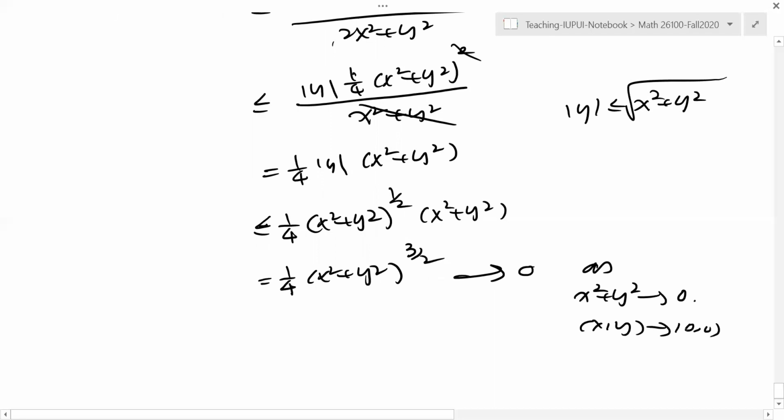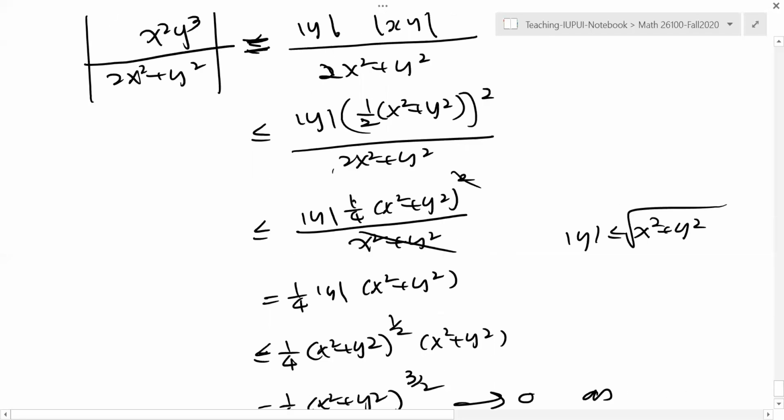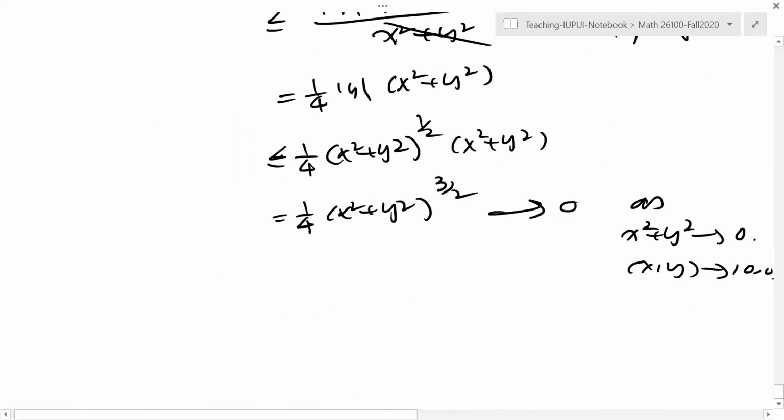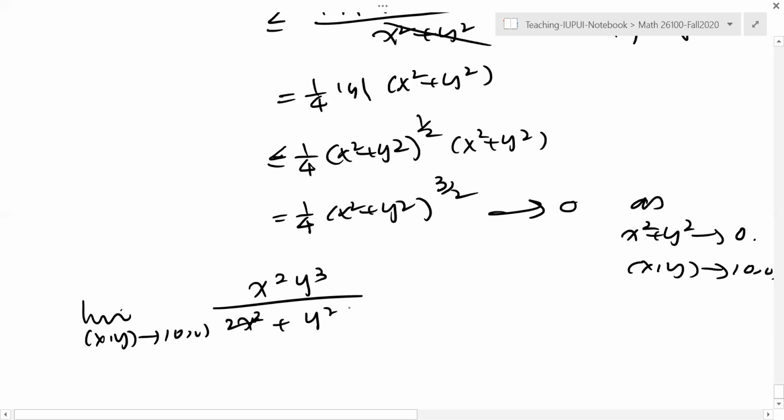So the absolute value of this is bounded by this other term, and this term clearly approaches 0 when the point approaches the origin. So my conclusion is that the limit of x squared y cubed over 2x squared plus y squared is going to be 0.